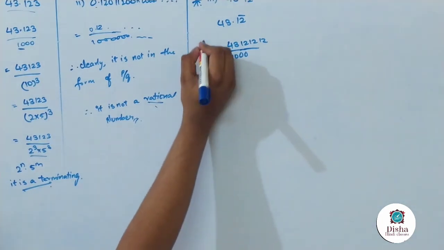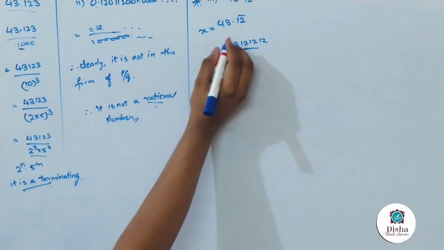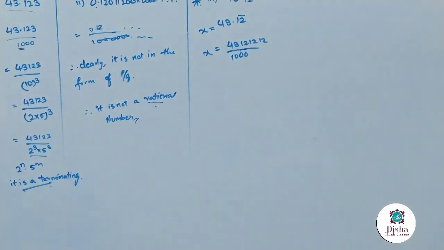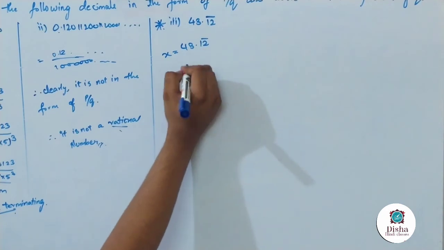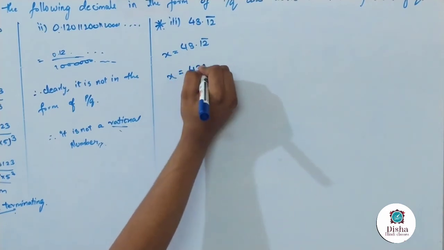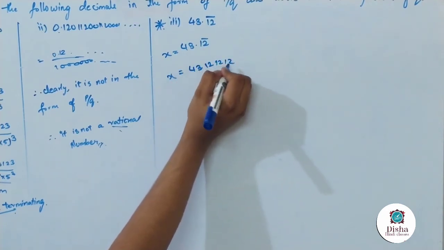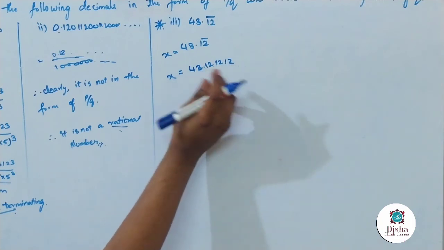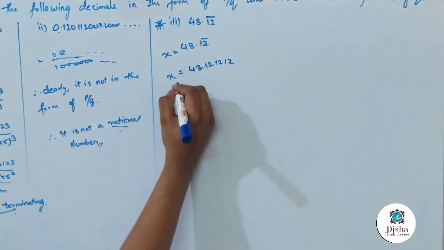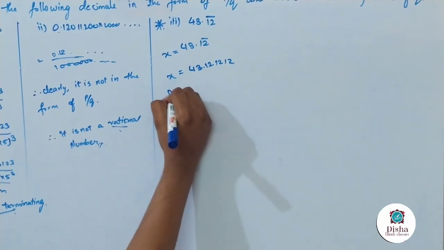So now we take x equals to 43.12 bar. So now we can write this number as 43.121212 because it repeats itself continuously till infinity. So now what we do, we multiply 100 on both sides.